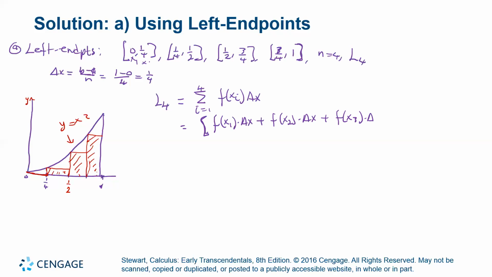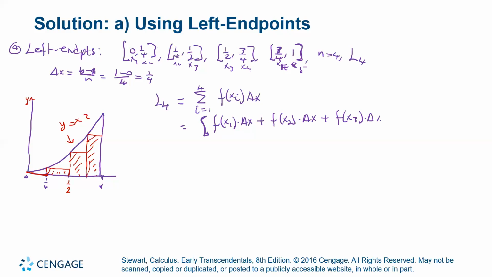So we are using the left endpoints, that is x1 here. This is x2, x2 to x3, x3 to x4, so 1, 2, 3, 4. Okay, so x1, x2, x3, x4, and this is x5.